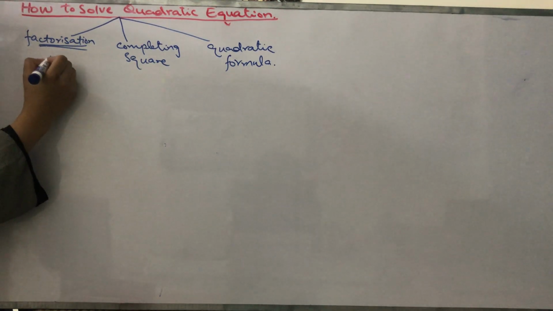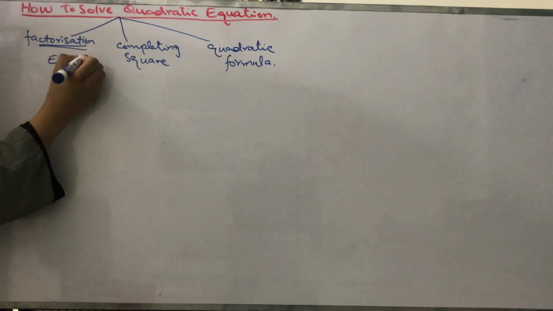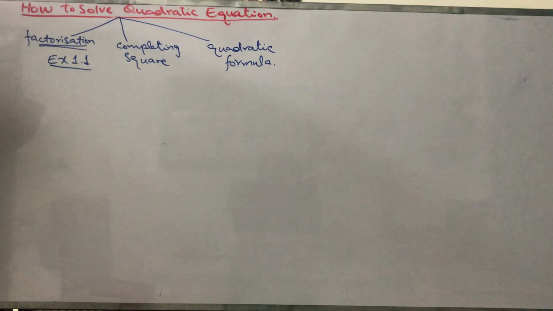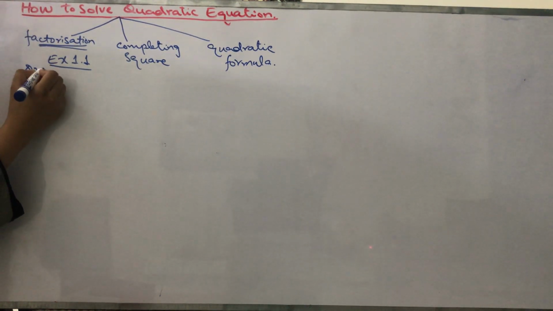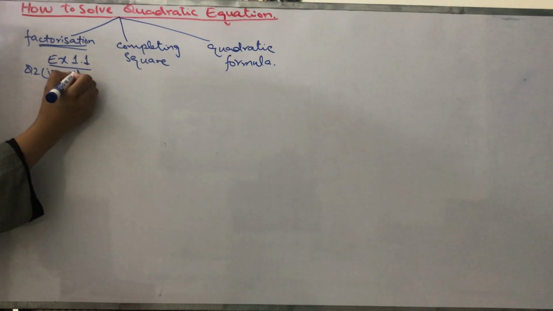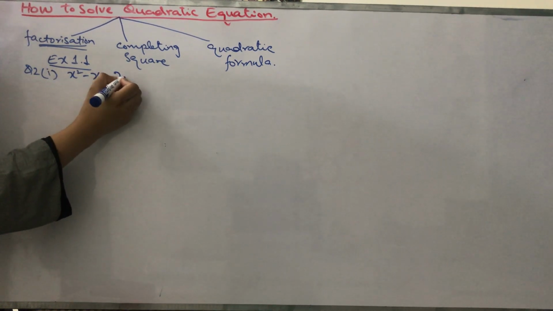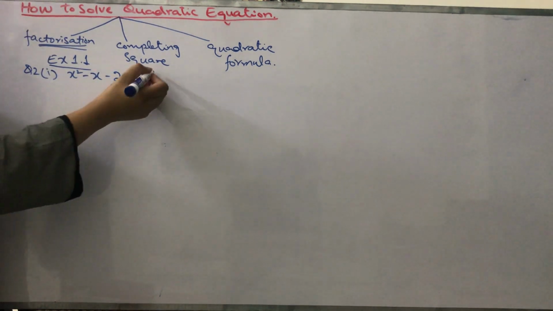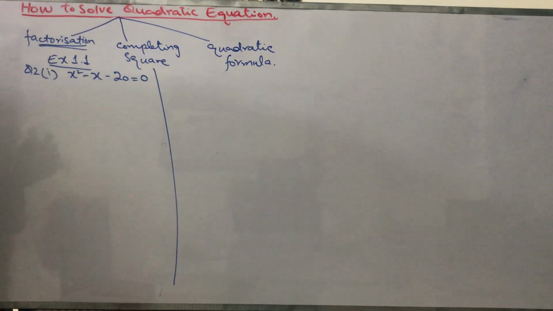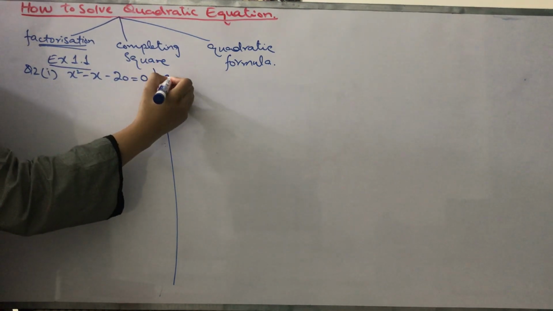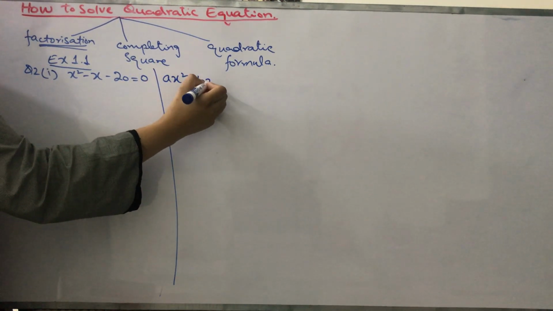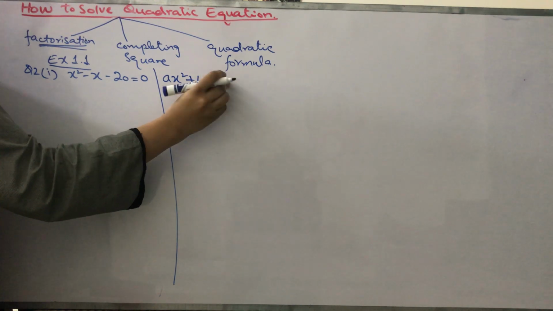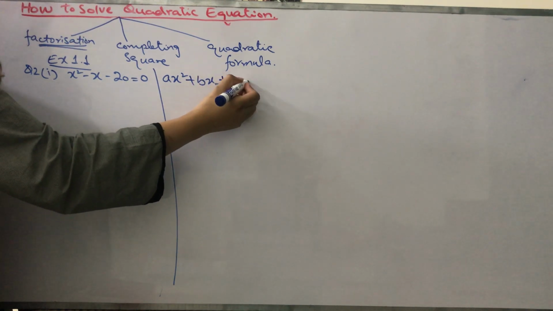I'm going to do a numerical question for you so you can understand easily. Question number 2, part number 1, that is x square minus x minus 20 is equal to 0. First step is you have to compare this with the general form of a quadratic equation, that is ax square plus bx plus c is equal to 0.